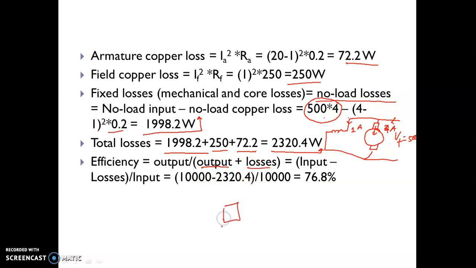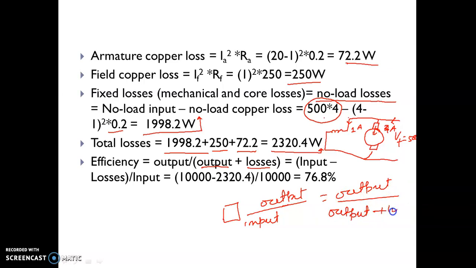So efficiency equals output divided by output plus losses, or we can also write output as input minus losses, divided by input.